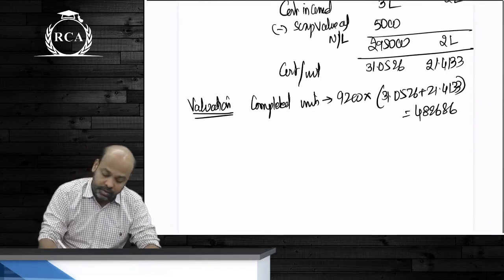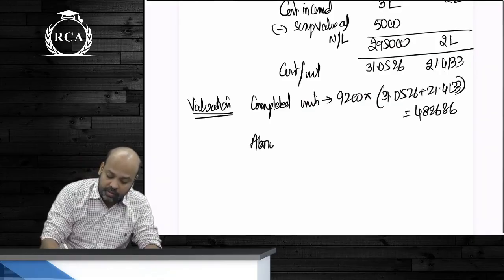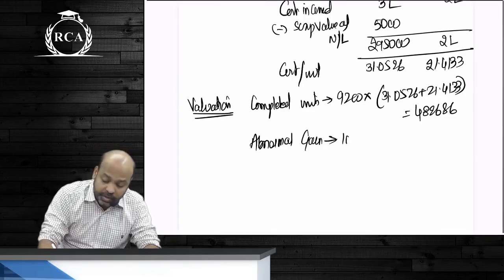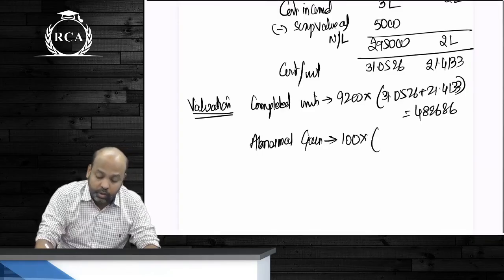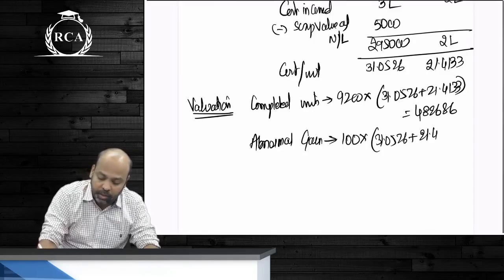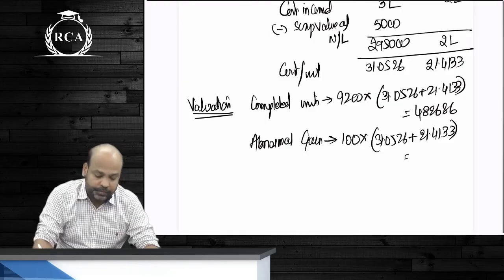680. When I do abnormal gain, remember abnormal gain is also 100% complete. So 100% into 31.0526 plus 21.4133, 5,000.